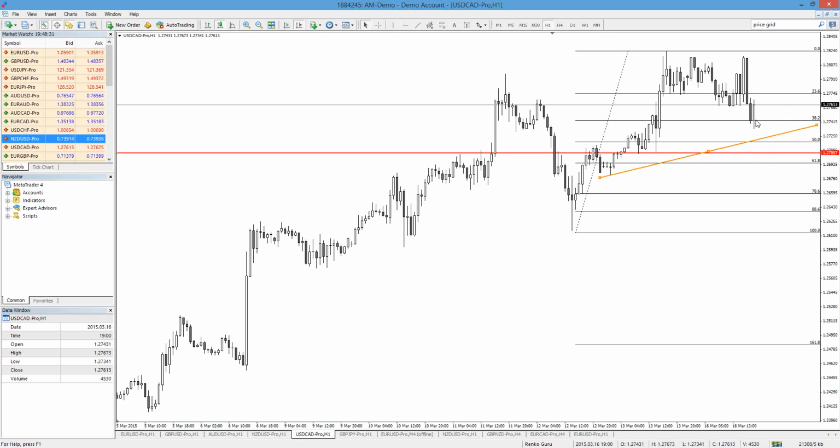So I would really love for the price not to stop at 38.2, because I want to see 50. This zone here, a lot of buyers here. Look how many buyers, really a lot of buyers here.